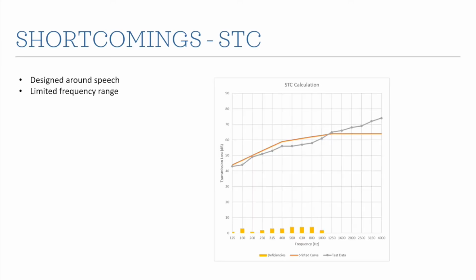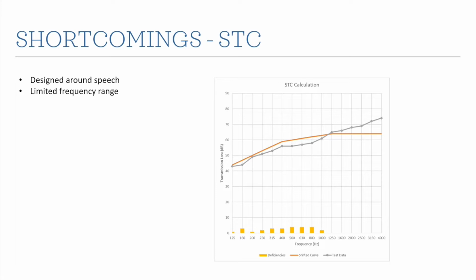We didn't have big 7.1 channel home theater systems. There was a lot less electronic sound reproduction that could create lower frequency sounds that became an issue in multifamily housing. So developing around speech made sense at the time, but now we have a lot of things that go outside of that speech frequency range. Because it was developed for speech, we have a limited frequency range.